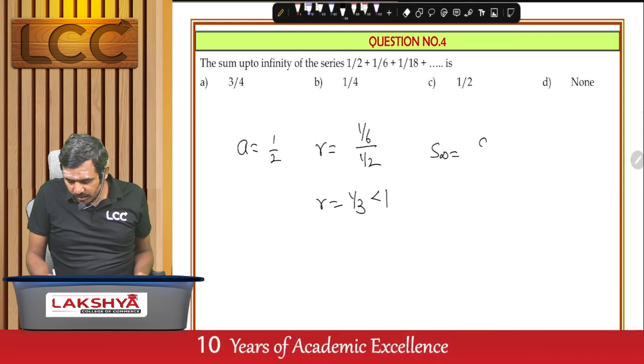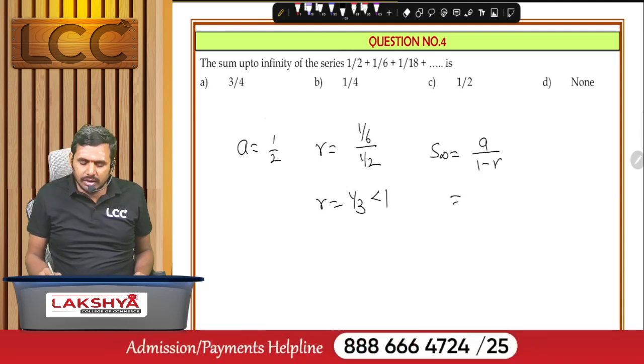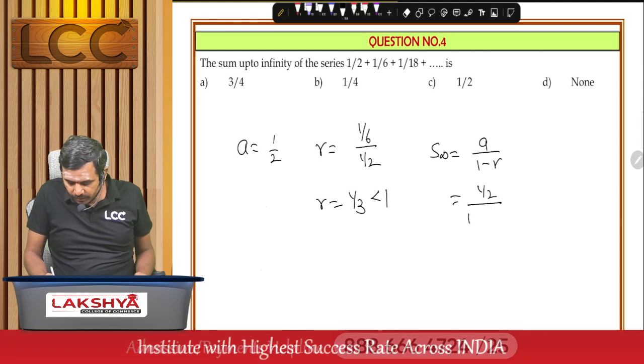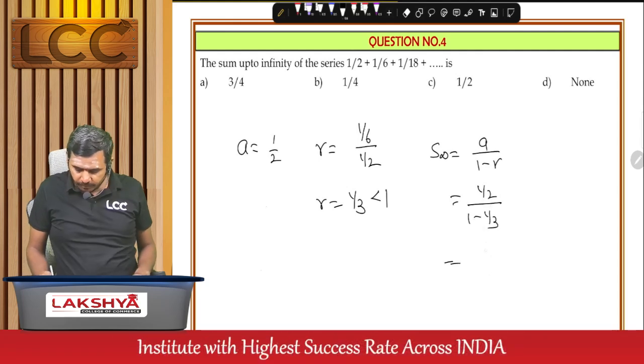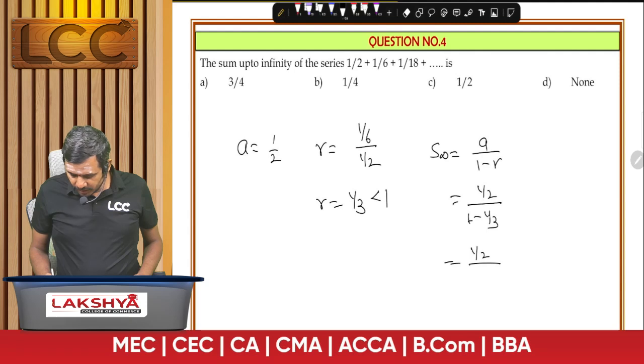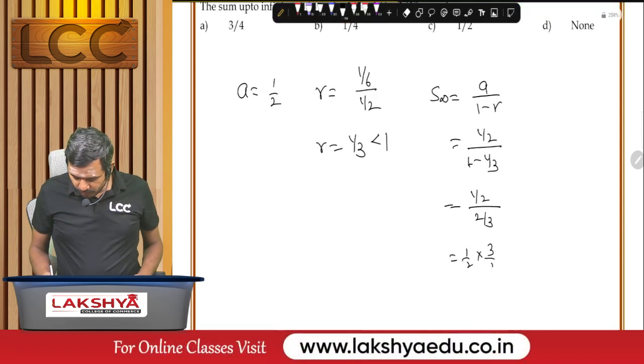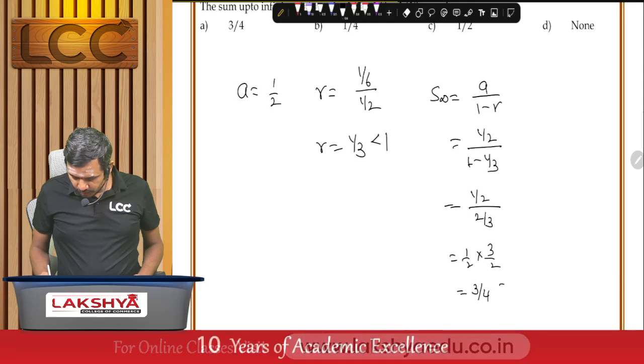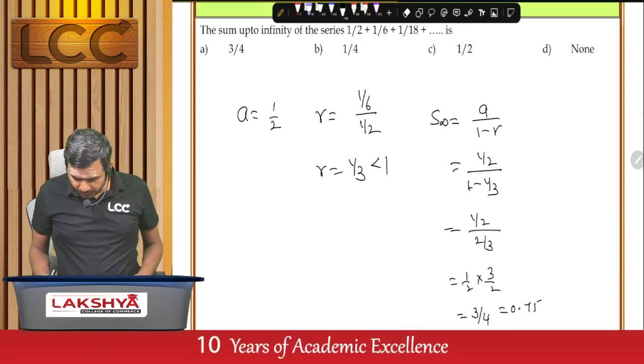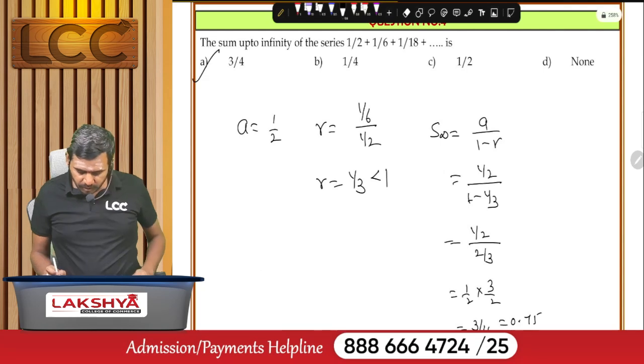That is a by 1 minus r. This is the formula. The value is 1 by 2 by 1 minus 1 by 3, that is 1 by 2 by 2 by 3. This is 1 by 2 into 3 by 2, which is equal to 3 by 4, which is 0.75. Therefore the right answer is A.